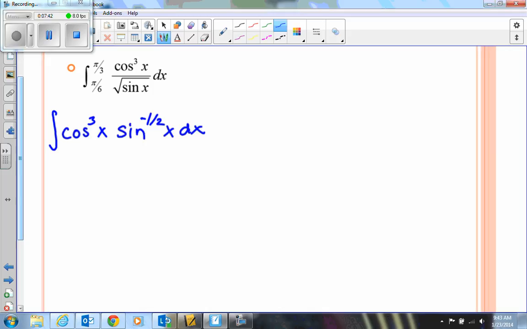What do we want to have pulled out for our du here? A cosine or a sine? A cosine, because after I get one of those pulled out, I'm going to have a cosine squared, and can I get that in terms of a sine? Okay, so keep going. See if you can kind of keep going, and I'll keep going.